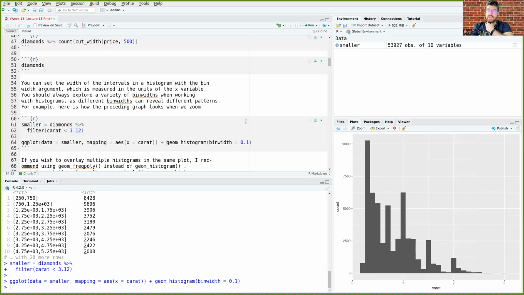And we can see that here, with the parameter binwidth, which is 10% of the regular width, we can see 10 times more bars inside the data. And inside this data, it is really useful for us to understand what the certain peaks are, and it is not that skewed a distribution because we have a particular peak of 1 carat.